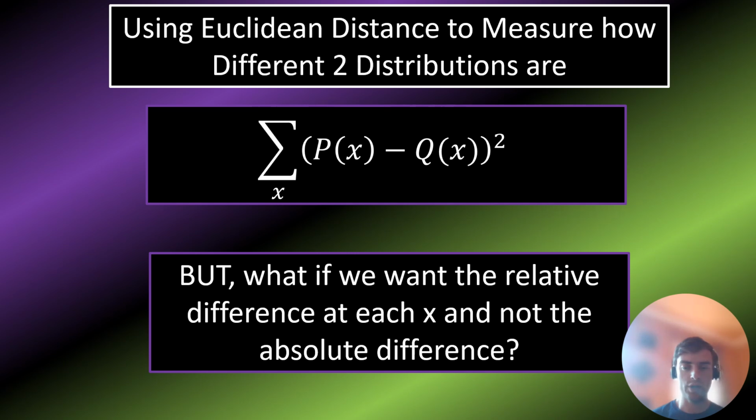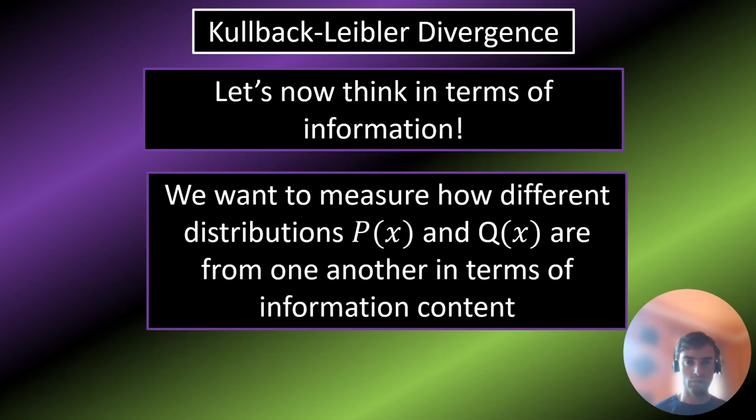However, we're only measuring the absolute difference, but what if we want the relative difference between them? Well, we'll need a different set of mathematical tools. So let's now think in terms of information. We want to measure how different distributions p of x and q of x are from one another in terms of their information content.